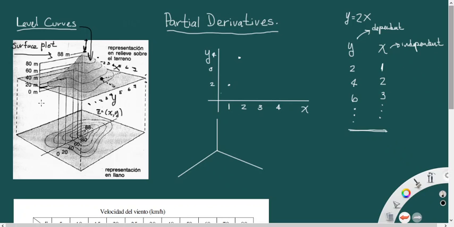But sometimes you don't have the resources, let's say that way, to plot and display a 3D surface plot. This surface plot is 3D. How can we represent this same relation or this same function in a two-dimensional space? Well, we need to project the image of this in this representation down here.